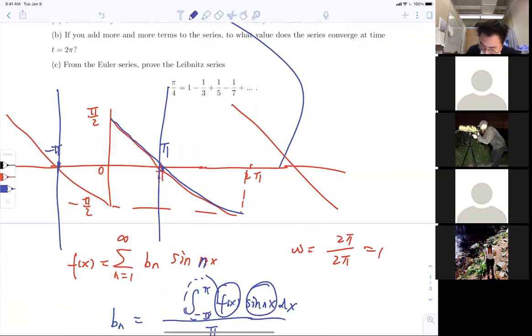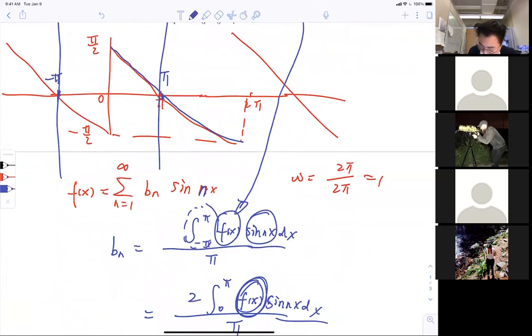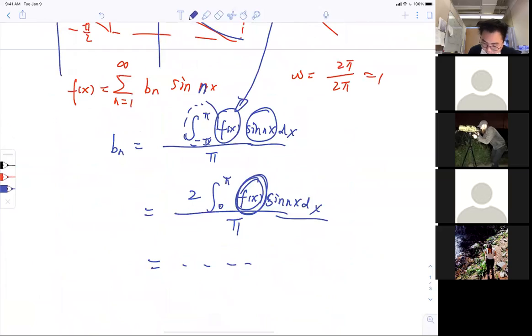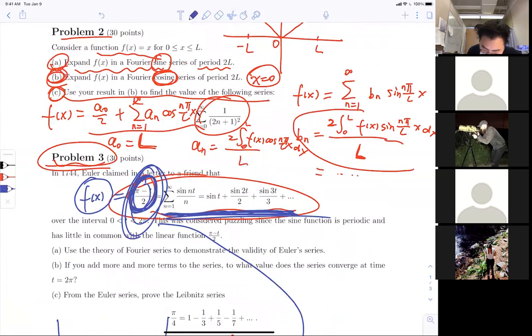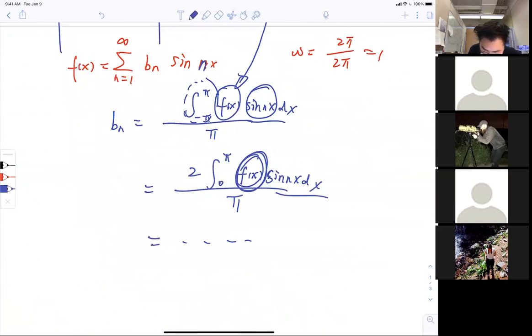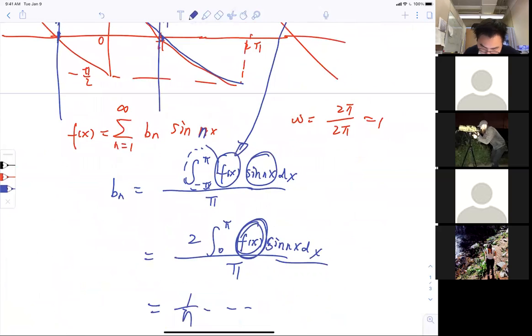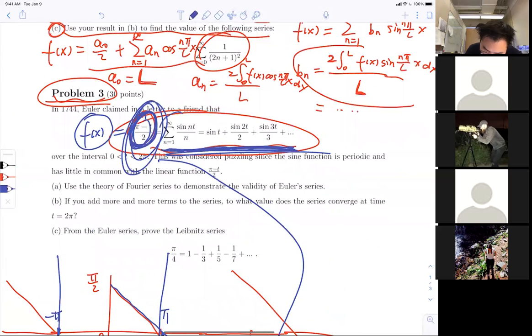You plug it in, do the calculation and you get the result. You finally find this Bn is 1 over n, I think. Then you plug in, you reproduce this result. Then you verify that indeed it's true.